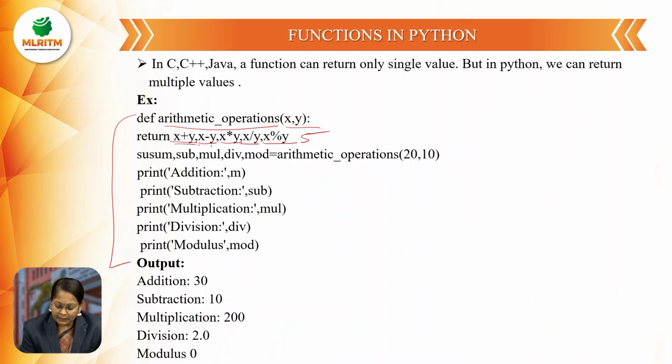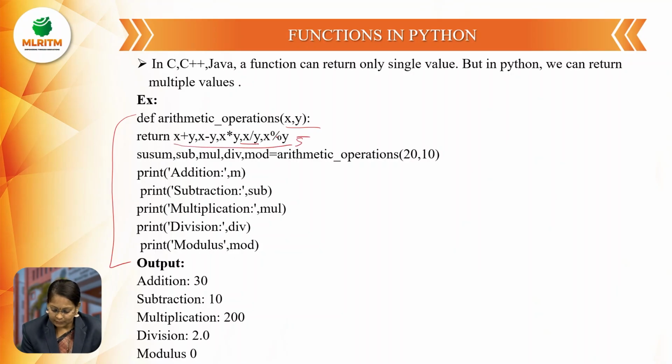These are the 5 returned values, but to store x plus y we require one variable: x plus y will be stored in sum, x minus y in subtraction, and likewise multiplication, division, and modular division. So for storing these values, we require 5 variables.